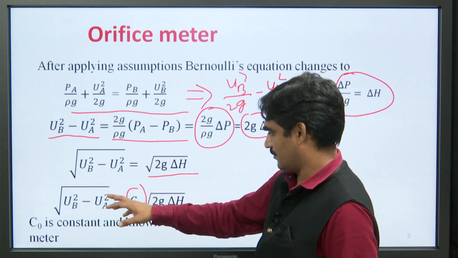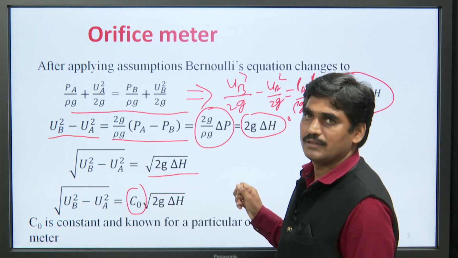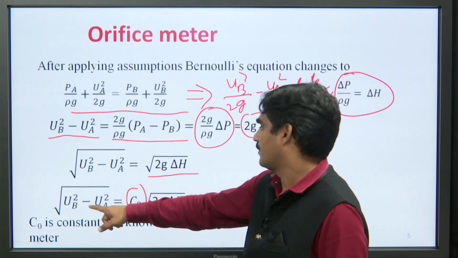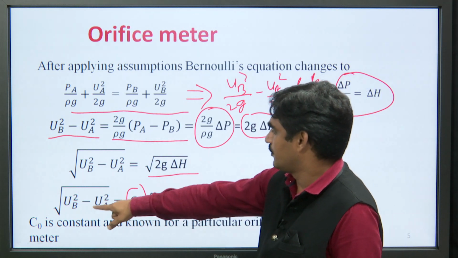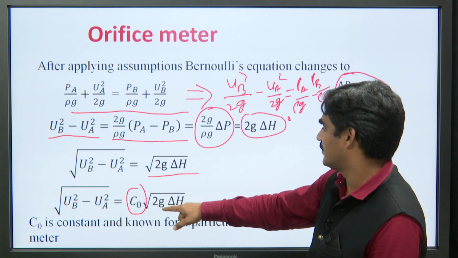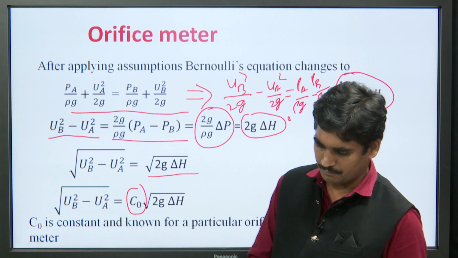So, this value is the same for a particular orifice meter. So, u b square minus u a square is equal to C 0 root over 2 g delta h.